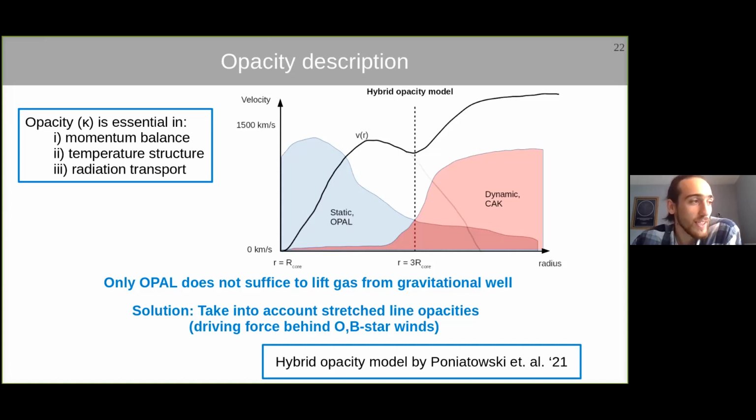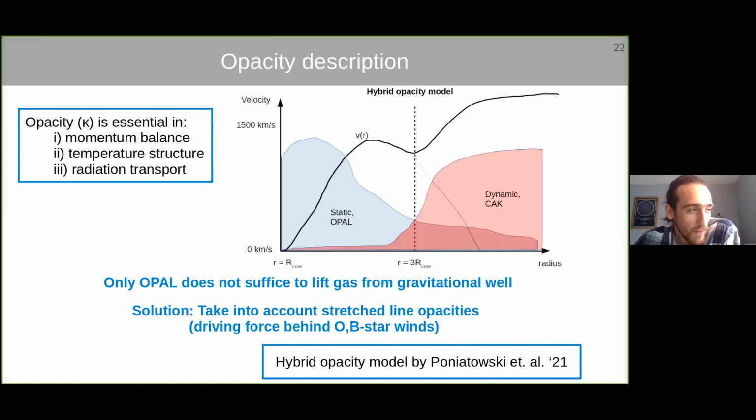Then your wind will accelerate, and when the OPAL opacities are not sufficient anymore, it will decelerate a bit. But then suddenly, at around 3 stellar radii, your CAK or line driving opacities become very efficient again. And this will re-accelerate your gas and drive it all the way to infinity. This is basically what gives these velocity profiles this typical two-bumped shape.